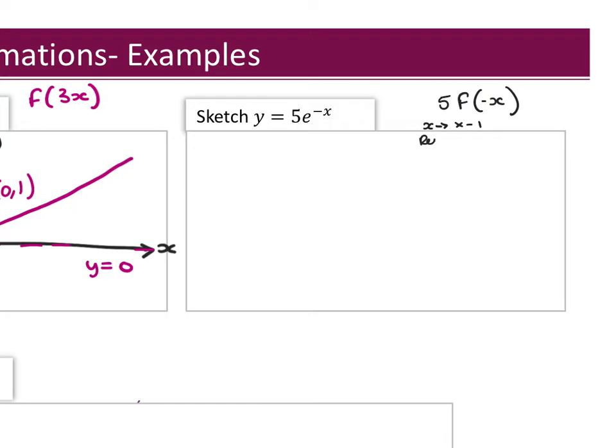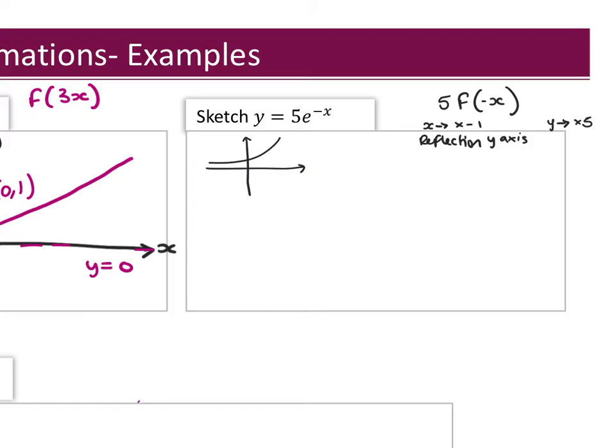So, reflection in the y-axis. And then what have we done to all of our y coordinates? We've multiplied them by 5. So our new intercept, instead of 0, 1, is now going to be 0, 5. If I think back to my original graph, it looks something like this. I now need to reflect it in the y-axis and stretch it.